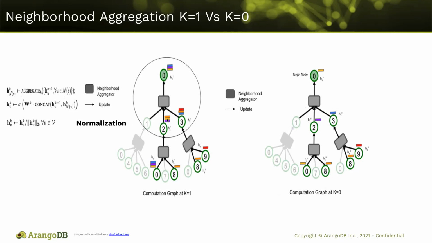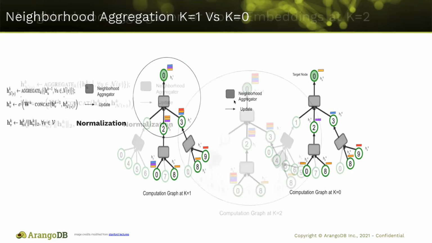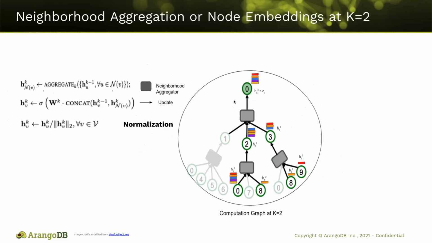We are just pulling the feature representations from the immediate neighborhood nodes, and then we are updating it by performing the concatenation with its own representation, and then applying the sigmoid, and then normalizing the final representations. So this is how we get the representation at k equals 1.